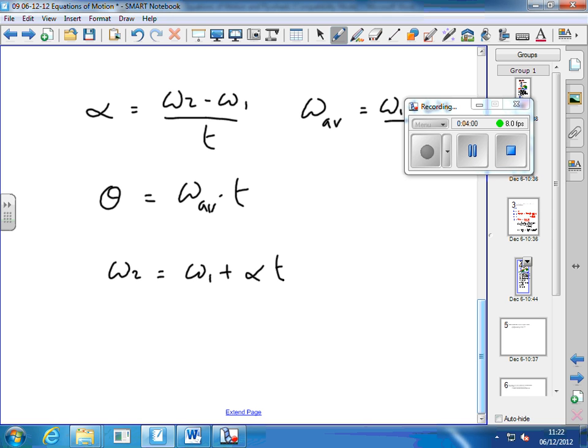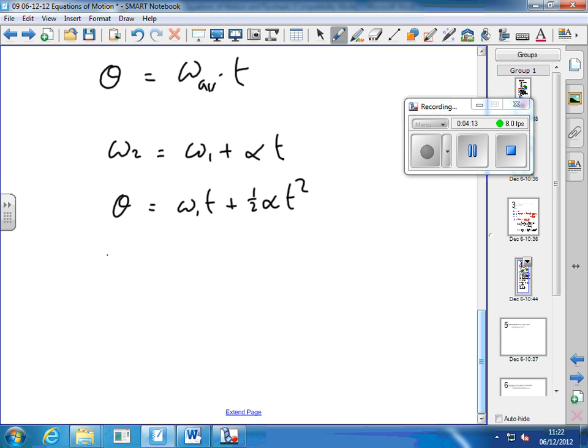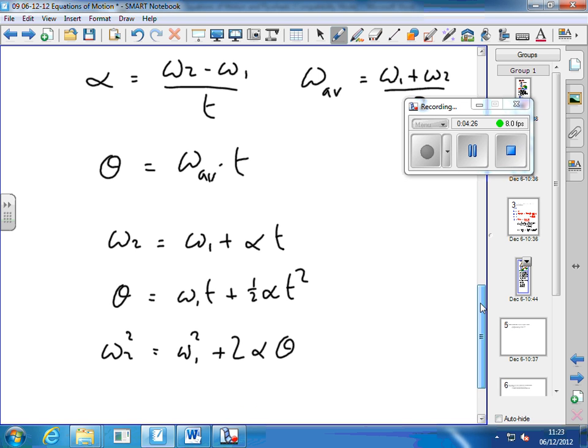We've got that theta equals omega 1 t plus a half alpha t squared. And we've got that omega 2 squared equals omega 1 squared plus 2 alpha theta. The equations of motion of angular motion.